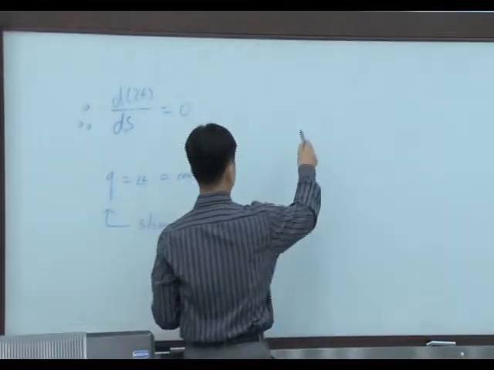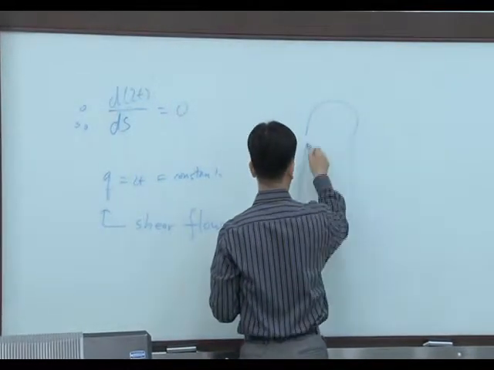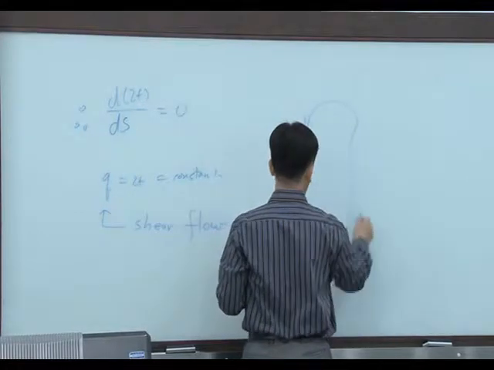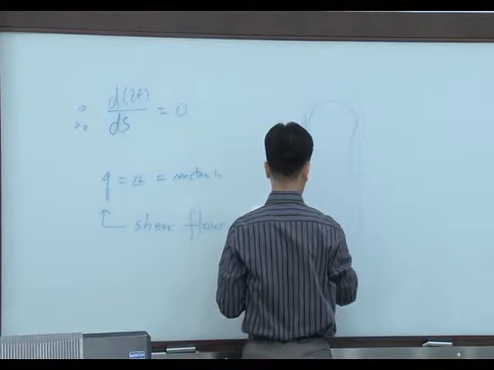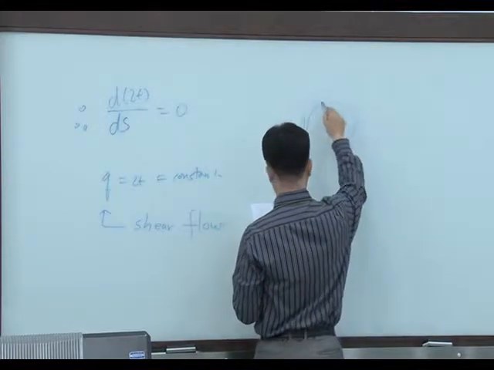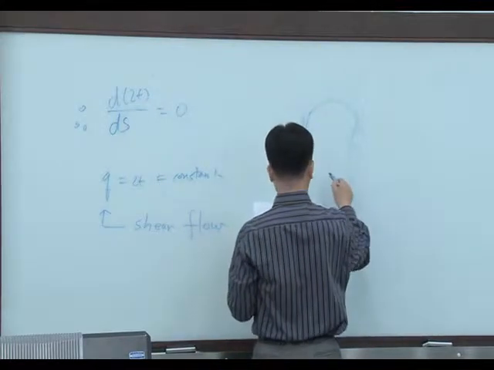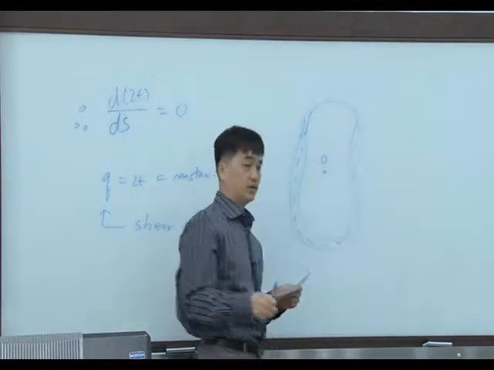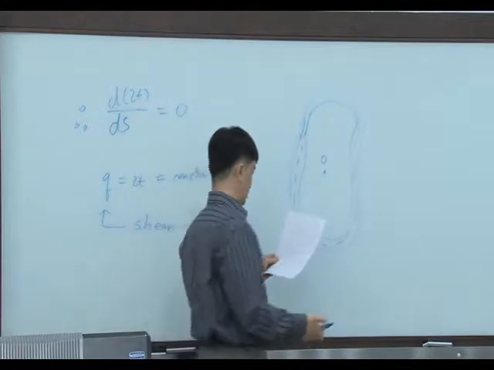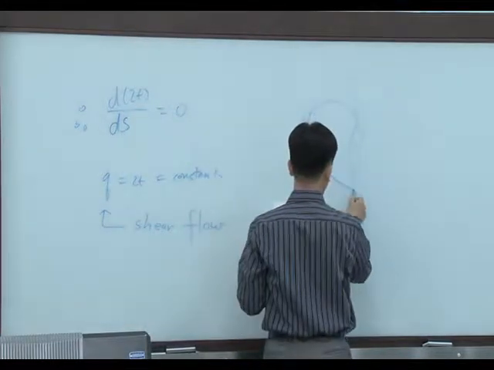So let's consider the arbitrary cross-section again. Let's say this point O is the center of twist, and from here to here is r.